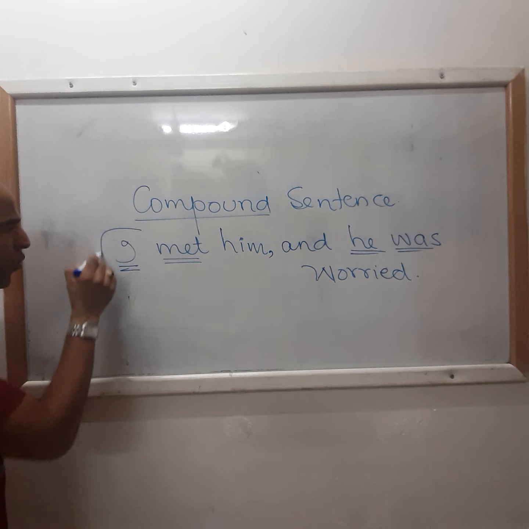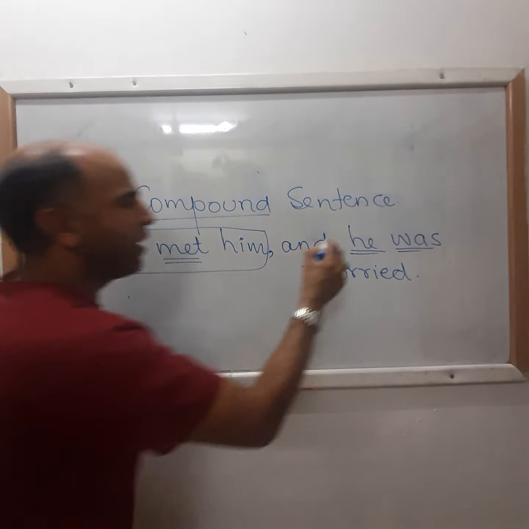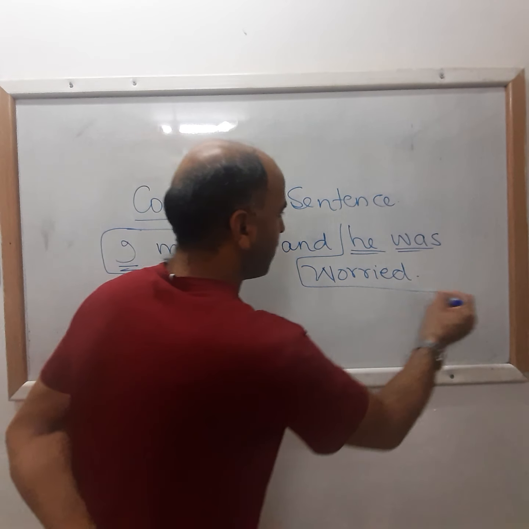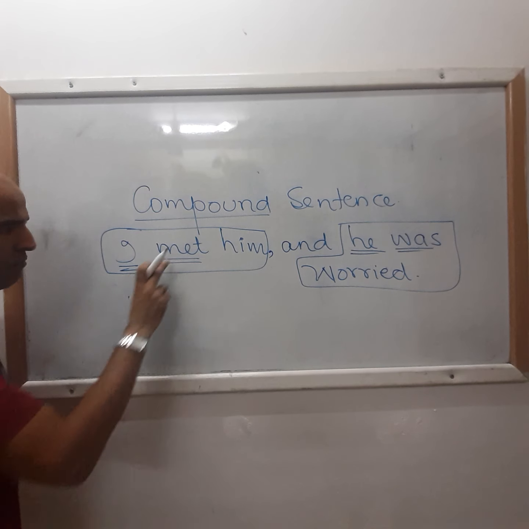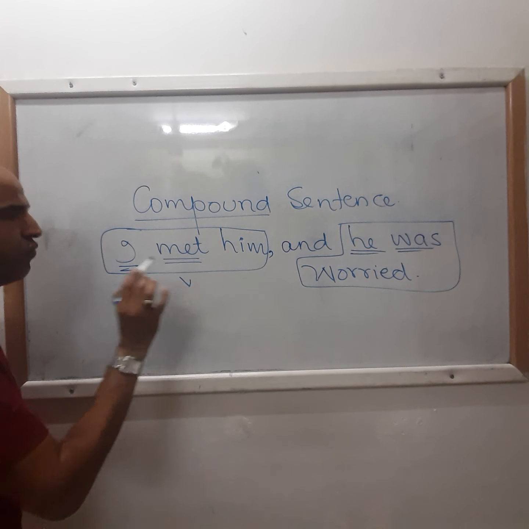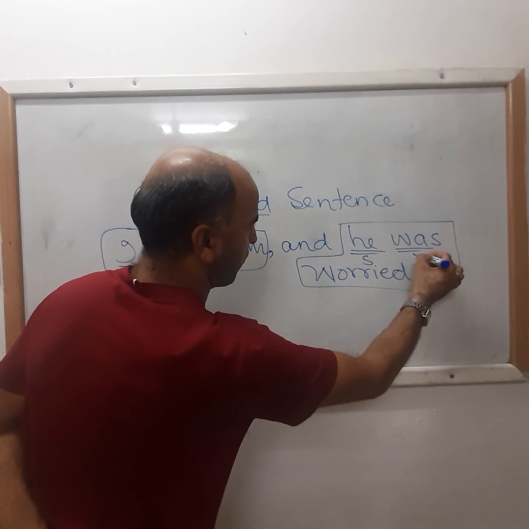Now these two independent clauses: this is your independent clause, and again this is your independent clause. Why and how? This is your subject, this is your verb; subject, verb. I is your subject, was is your verb.